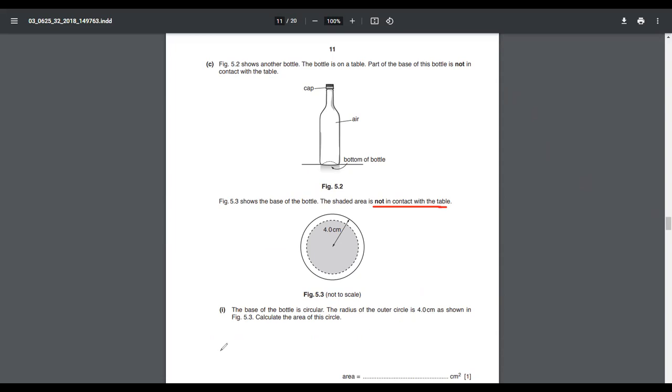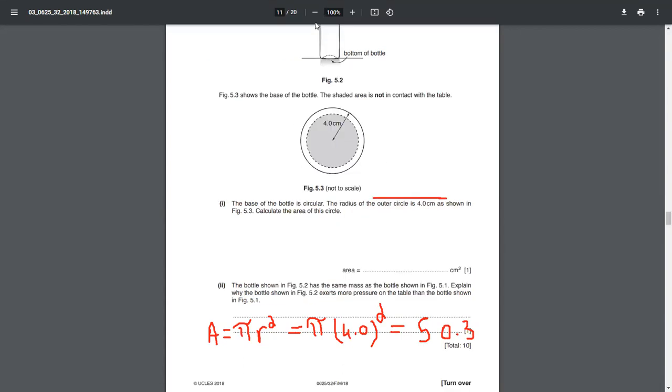So the area of a circle is pi r squared, which means pi and 4 squared. And so the final answer will be 50.3 centimeter square. Then moving on to the last question.